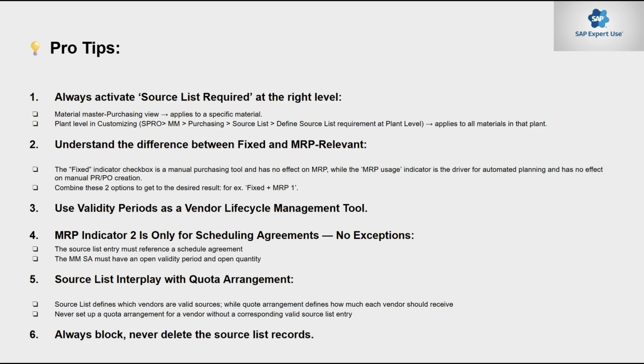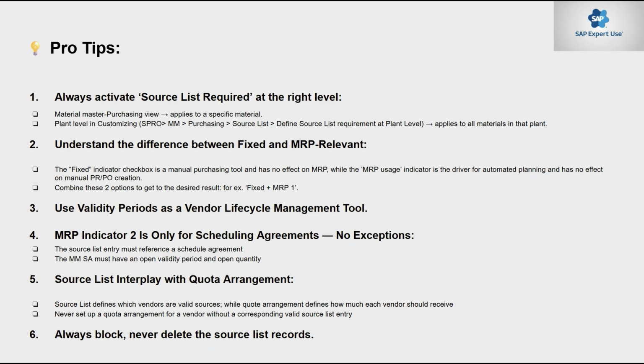Blocking is recommended because it has some advantages, as the record remains visible in both ME03 and ME0M. ME04 change history is preserved. Of course, you can unblock it instantly if the situation is reversed. It supports regulatory traceability requirements. And at the same time, blocked records are ignored by MRP and PO creation is safe.